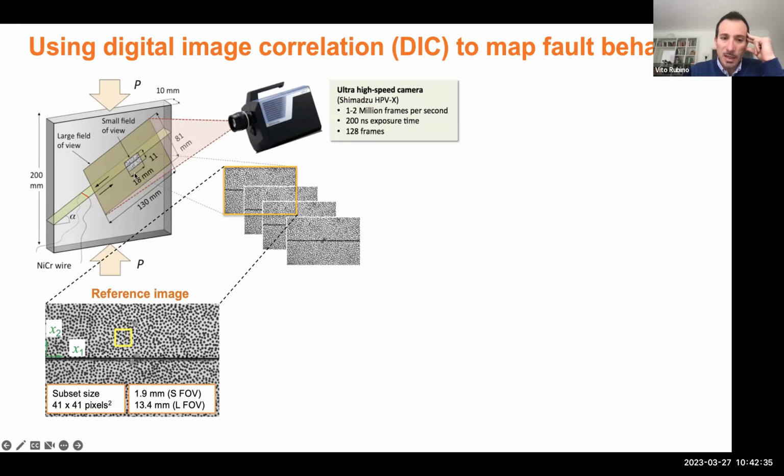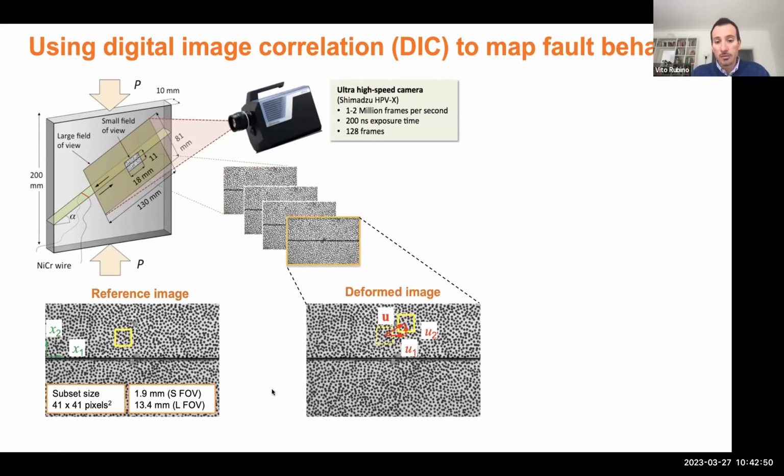The surface of the specimen is decorated with a black and white speckled pattern that confers a characteristic gray level texture to the images. Then a reference image can be compared and correlated to subsequent deformed images in order to infer, pixel by pixel, the displacement field.